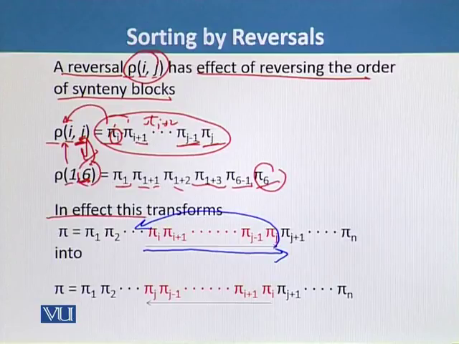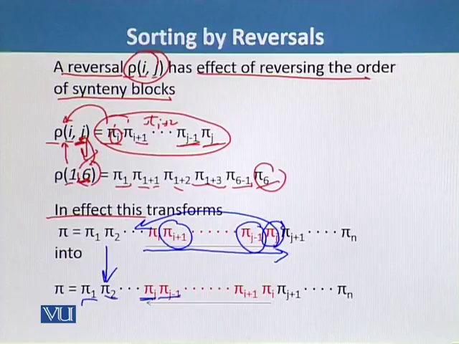And if we make it in the opposite direction, we write pi 1, pi 2 the same. Then, because we have to reverse the order, we write pi j first, then pi j minus 1, then pi i plus 1, and pi i.